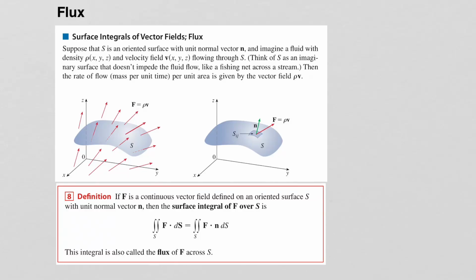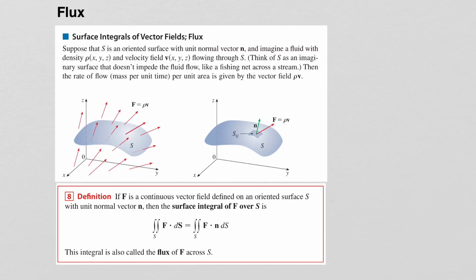So now we're going to talk about surface integrals over a vector field. Okay, so we have some kind of a surface, and then we have a vector field F, and we want to know how that vector field acts upon that surface. So a way to think about this is, suppose your vector field is talking about the motion of some fluid here in space.